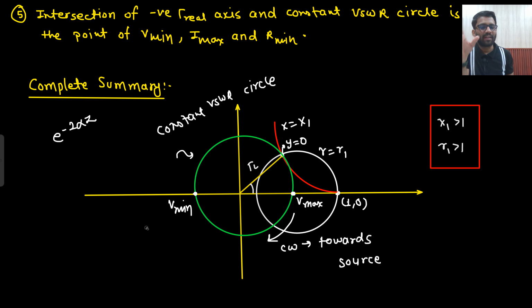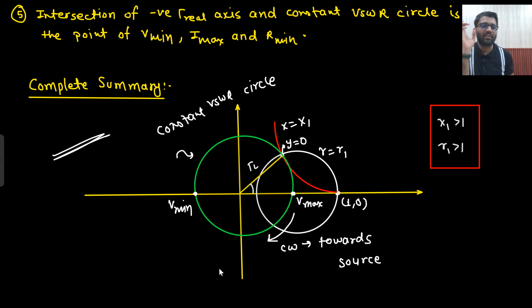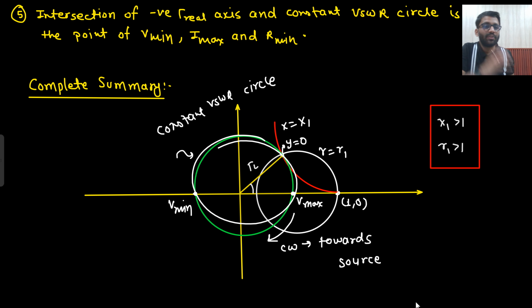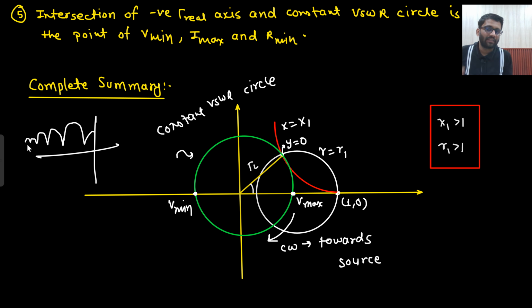That will not be asked in your examination, but still I will try to deal with a question based on this concept, that if the line is lossy, then the VSWR circle will not be constant. Why is that so? Because your value of z will change, your value of gamma will change, because there is a loss, no? So the standing wave pattern will also not look like this. It will also be losing its amplitude. That maximum, then the next maximum will be lesser, then the next maximum will be more lesser. This I told when I was teaching you the standing wave pattern, if the line is lossy.